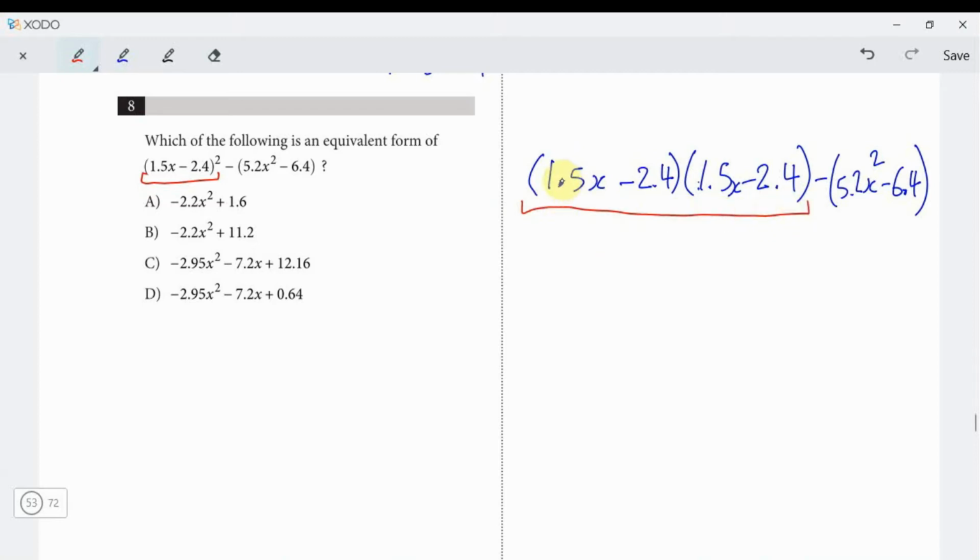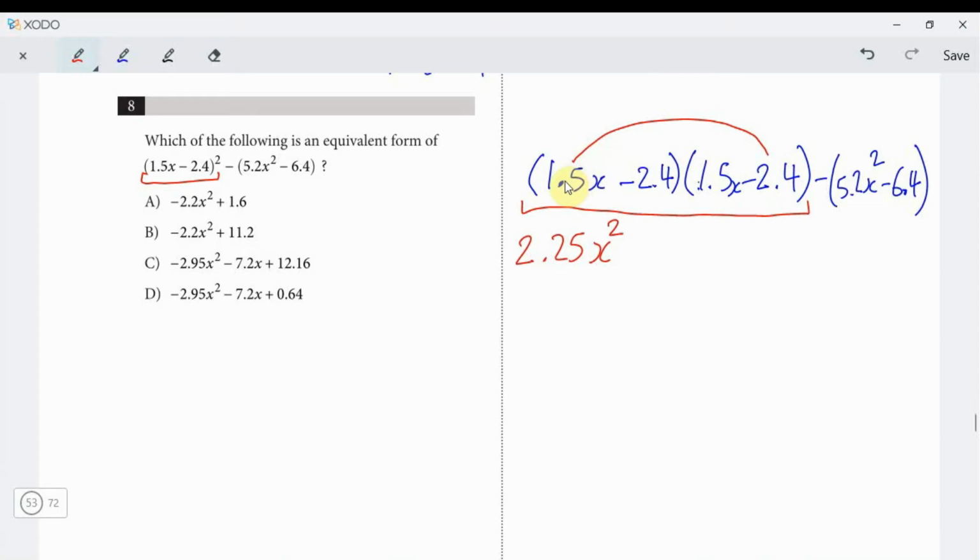So now we're going to have to multiply each term. 1.5x times 1.5x, that is 2.25x squared, right? Agreed? This times this is 2.25x squared. And then we multiply the 1.5x by the negative 2.4.